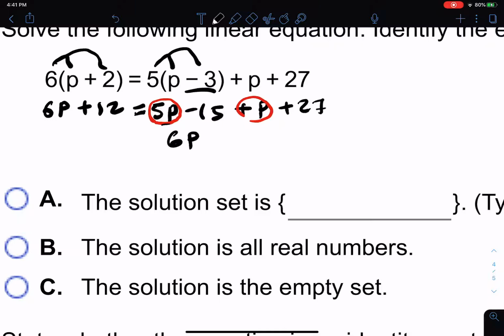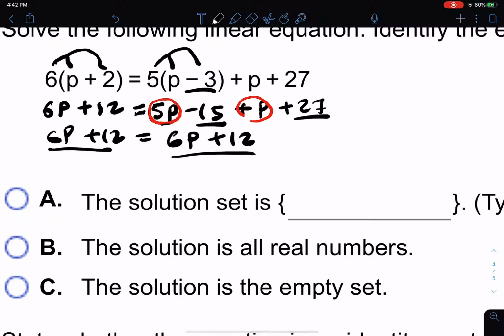We have our negative 15 plus 27, which gives us 12. Negative 15 plus 27 is 12. And on the left-hand side, we have 6p plus 12. Oh, wait a minute. Both sides are identical, which means it's an identity.